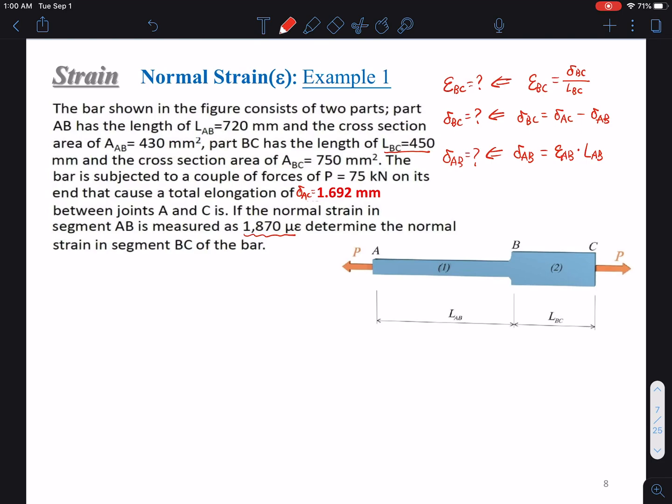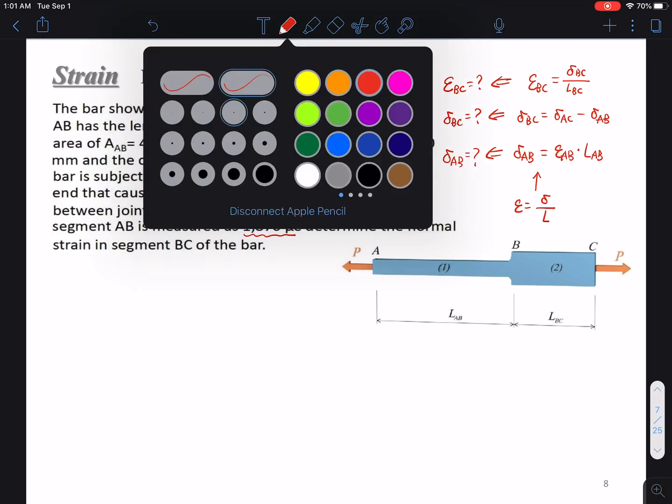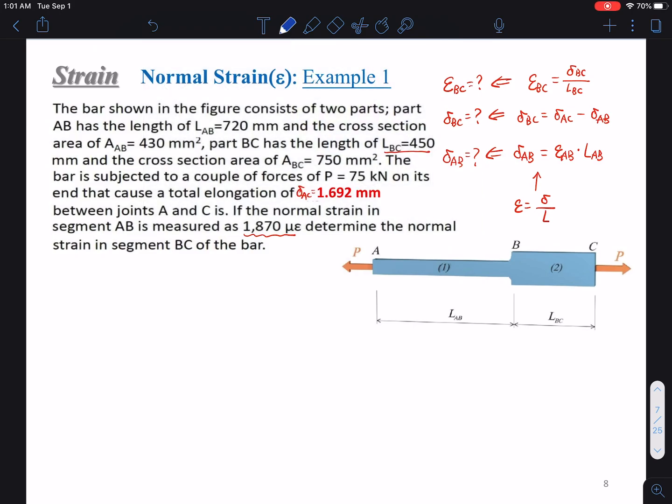This equation was derived from the definition of strain: strain equals delta over L, so delta equals strain times L, the original length. Now everything has been clear. We just need to follow these steps. We will have 3 steps: step 1, step 2, and step 3, to solve this problem.